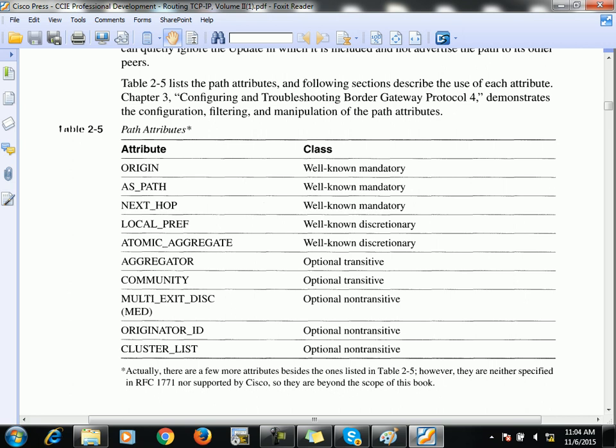But in Cisco devices, it will never happen, because all Cisco devices support this MED attribute. So it will not drop those updates. So the category should be optional transitive. But the point is, they have given this feature in Cisco devices that it will always support MED. There will be some devices which will not support this attribute, and they will simply discard these updates.